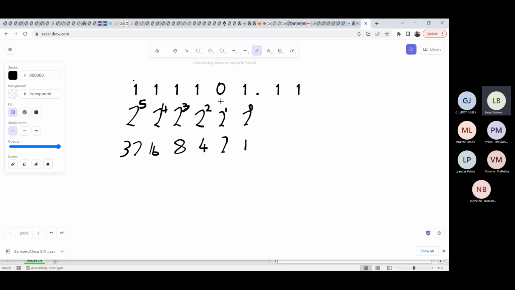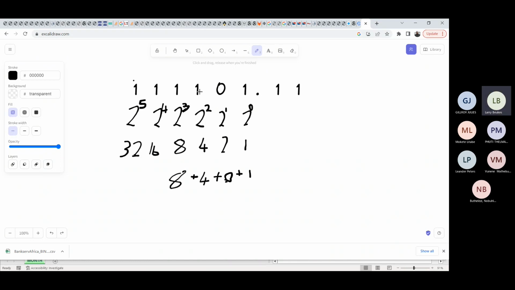So we know we're going to add everything that's present. This one, we're not going to add it because it's not present, right? So we're going to add 1, 4, 8, 16, 32. Simple as that. So this is 1 plus 0 multiplied by 2, which is 0, plus 4 plus 8.